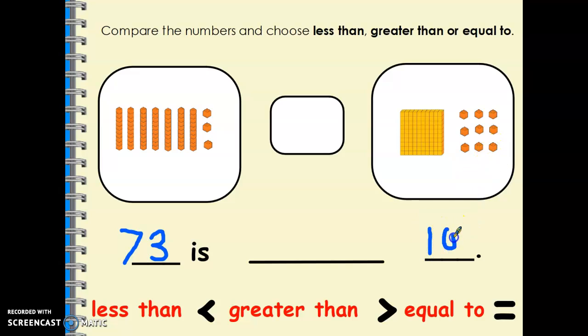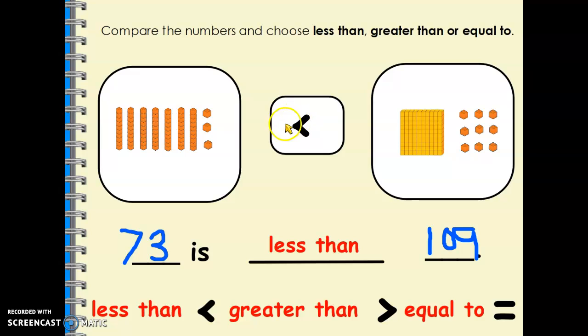On this side, we have 109. Alright, so let's look. 73 is less than 109. So our sign needs to be the less than symbol to make this number sentence true. 73 is less than 109.